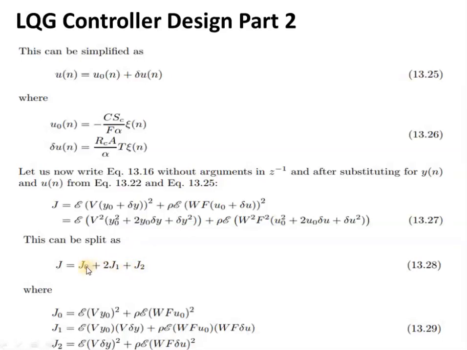Then what is meant by J0? Epsilon is used to represent that J is a function of epsilon, therefore here epsilon is used.